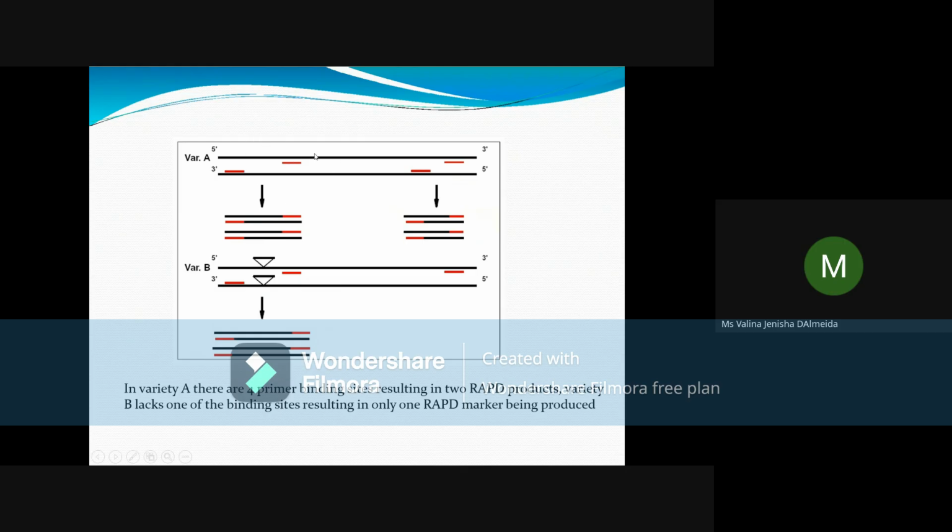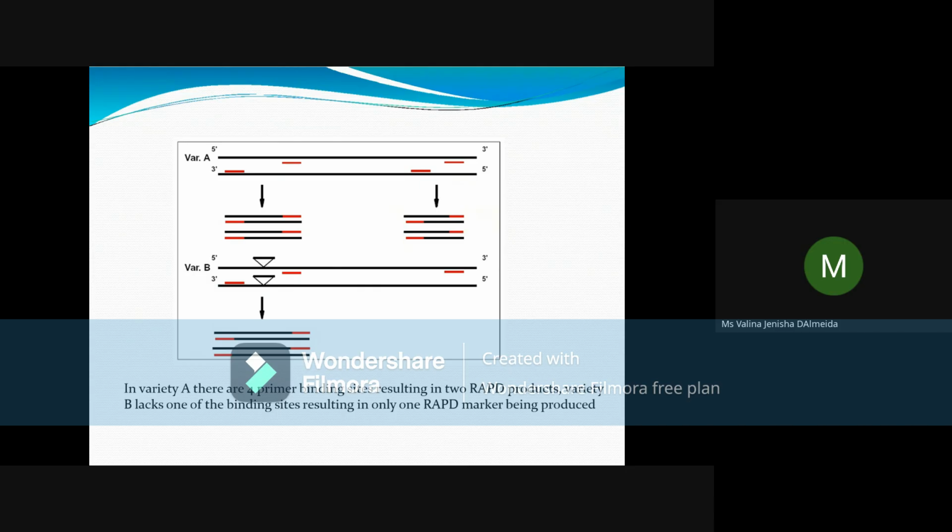See how exactly this goes. Now let's say you have variety 1 and variety 2. In variety 1, I am showing the double stranded DNA in black and the primer in red. In variety 1, the primer is able to bind to two sides, one forward and one backward. In the 5 prime, it's a forward, let's say, and 3 prime is a backward.